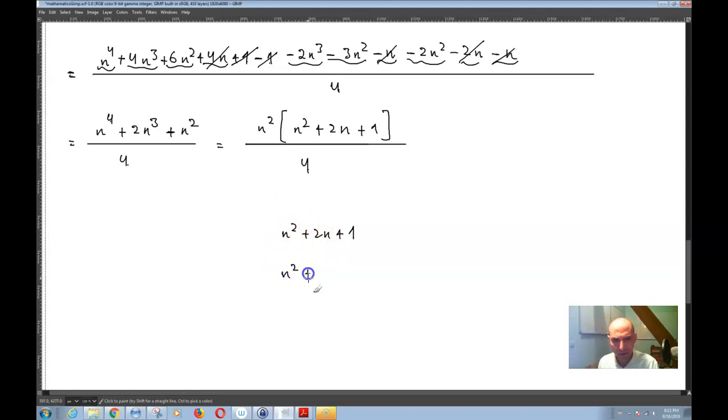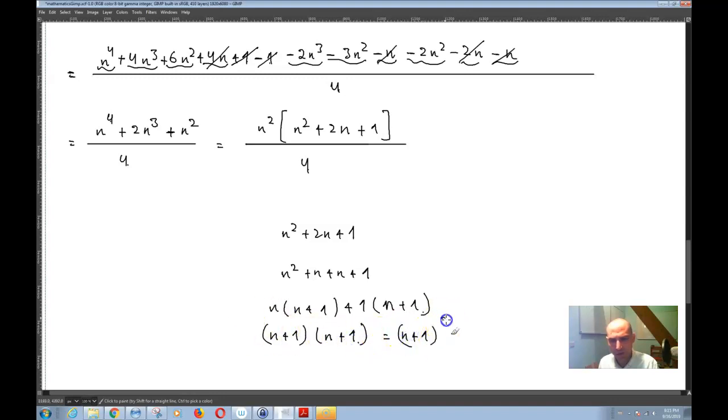If I write n squared plus n plus 1, and then n times (n plus 1) plus 1 times (n plus 1), that is (n plus 1) times (n plus 1), which is (n plus 1) whole squared.